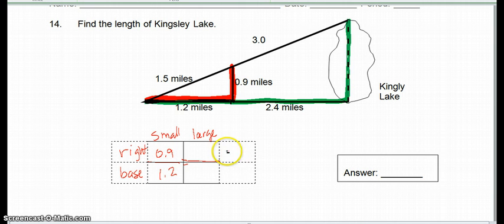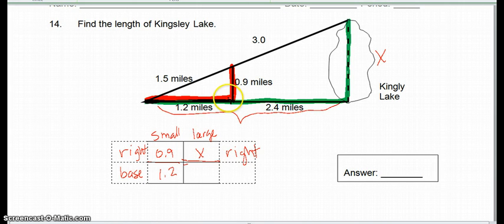Now on the other side, if I look at the right side of the large green triangle, I'm comparing this part, which I don't know, which is my x. And then I'm looking at the base. If you look at the base of the green triangle, it's the full length. So you have to decide what is the full length of this.